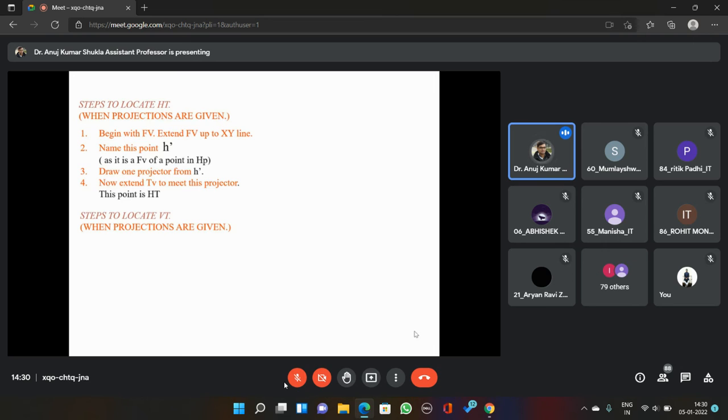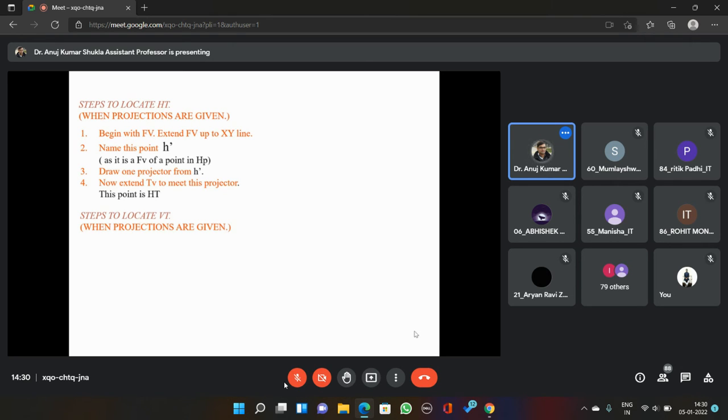Steps to locate HT and VT. When projections are given, begin with the FV and extend the FV up to the XY line. Name this point H prime, as it is the FV of a point in HP. Do you have any doubt here? It is just like catching your ear: either you can catch this ear or that ear with a single hand.